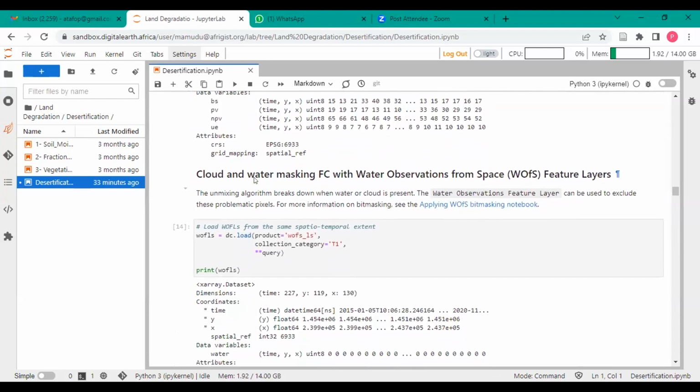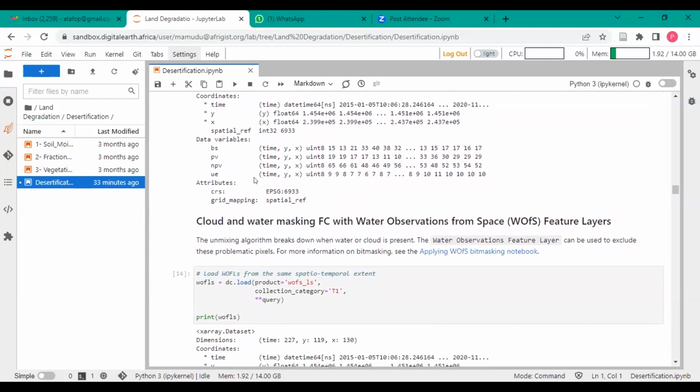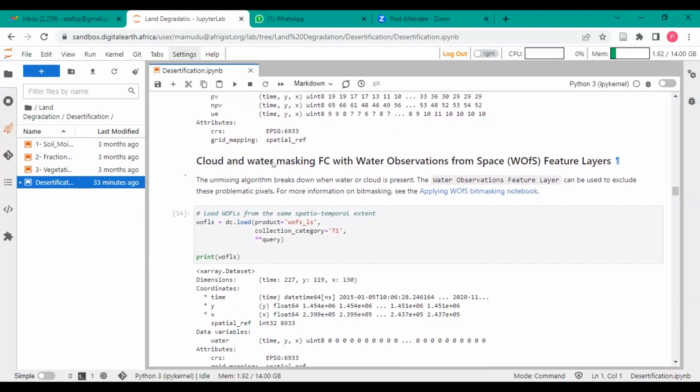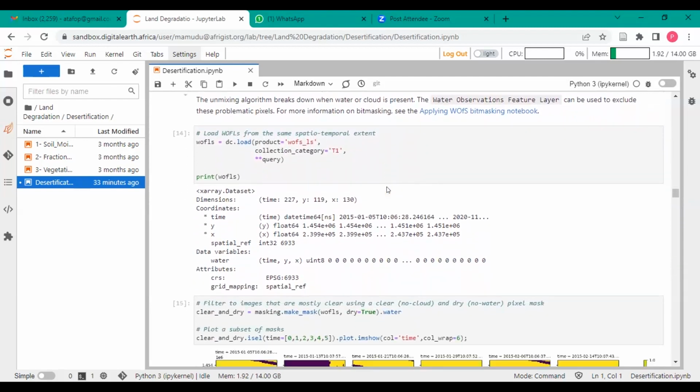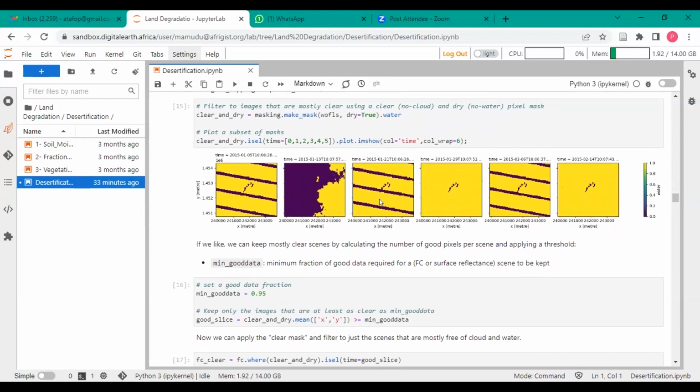Now, that being loaded, we had about 227 imageries, but because of cloud and other disturbances, it becomes important that we mask out or remove some data that are not too good for the study. And so we carry out a cloud and water masking based on the water observation from space data sets. And so after carrying out that cloud masking, this is some of the data sets we're able to get out of it.